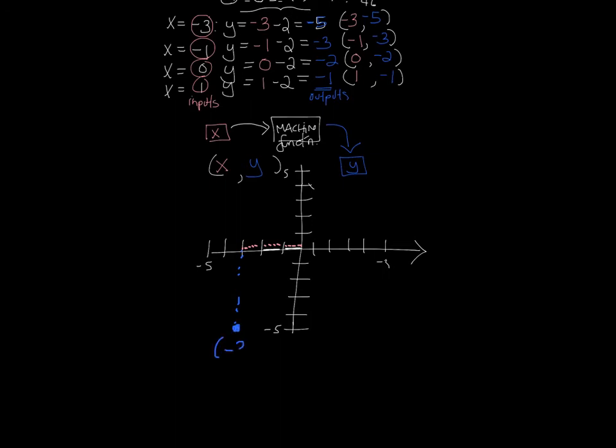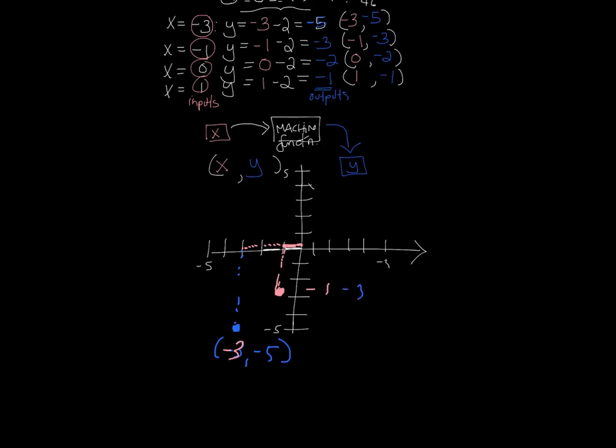That's -3, -5. Okay, so we plot another point, and that is -1, -3. So again, start from the origin, -1 to the left, and then you're going to go down 3. These are little dots. That's another point.